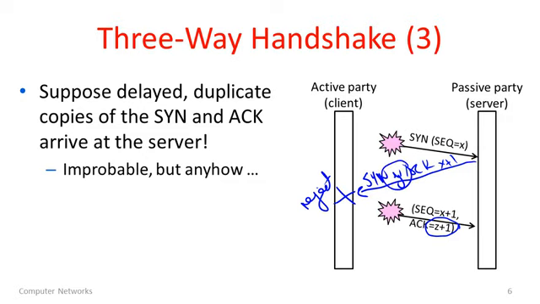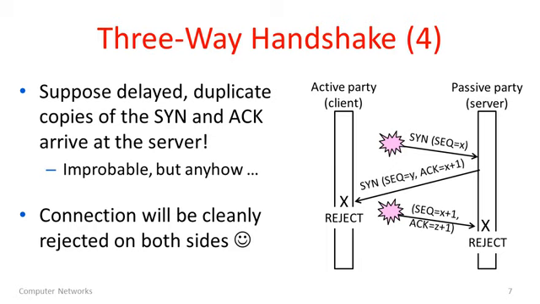It will not be Y plus 1. So these things are not equal. This will allow, even plus or minus 1, the server to reject this packet and know that it's part of a failed connection attempt. Okay, so even in this improbable case, the connection has behaved properly by not establishing a connection.